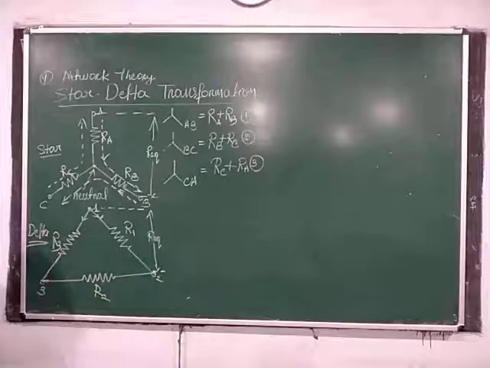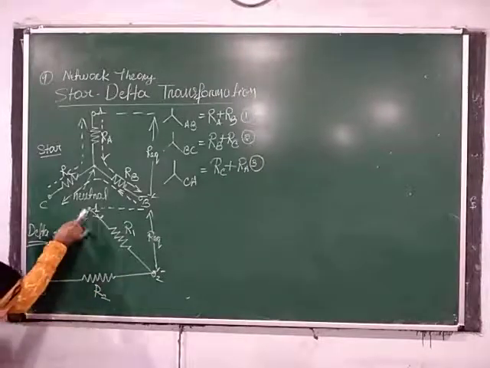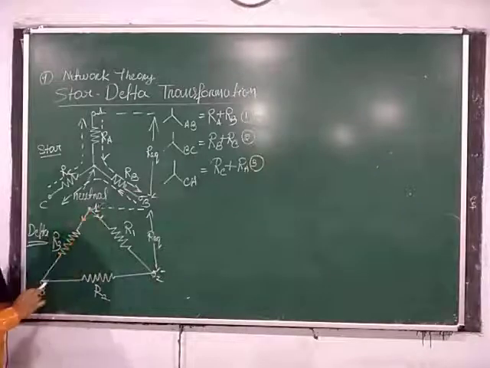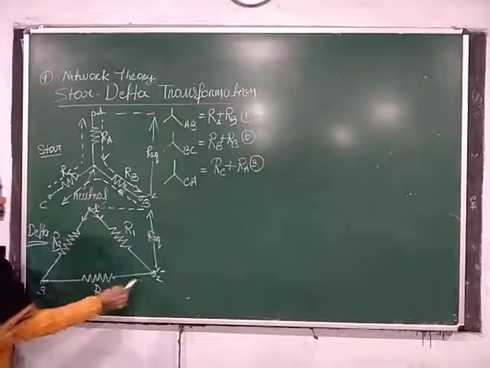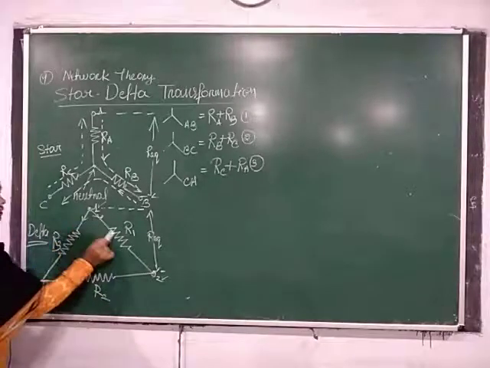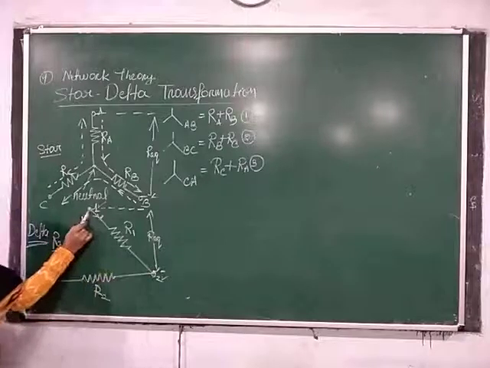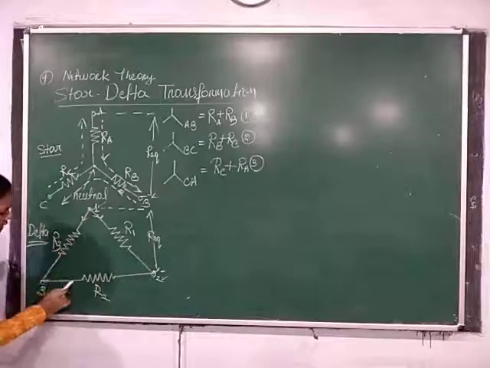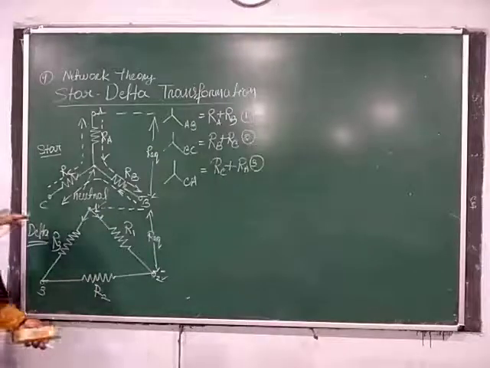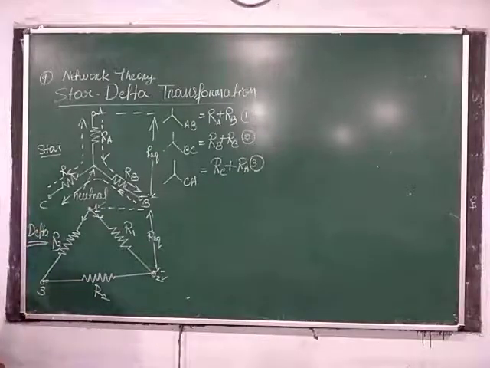So to reach this point I have two paths: this R1 path and the series combination of R3 and R2, and these two paths are in parallel.